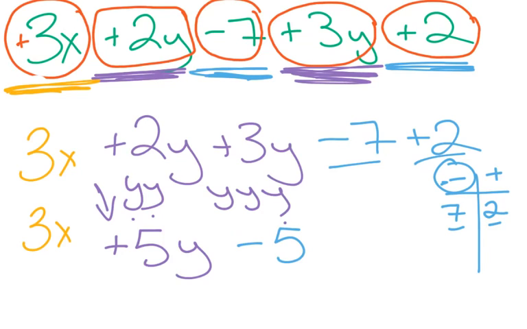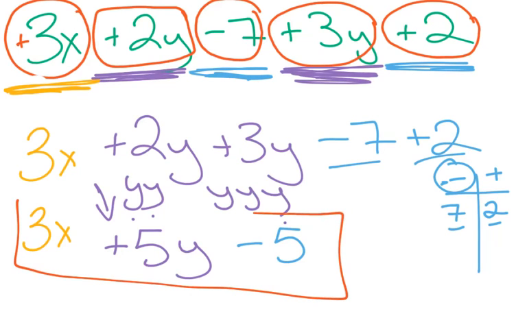When you read your final expression, we have 3x, positive 5y, -5, or if you want to read it as an algebraic expression, 3x plus 5y minus 5. You don't have any more similar or like terms to combine.